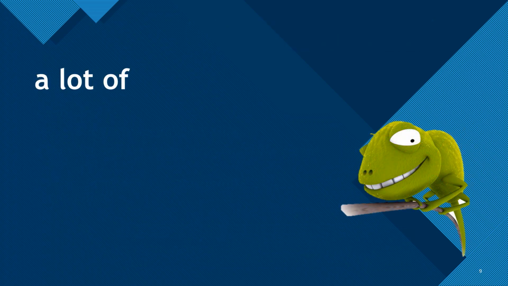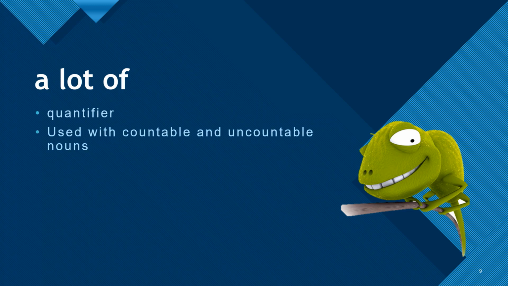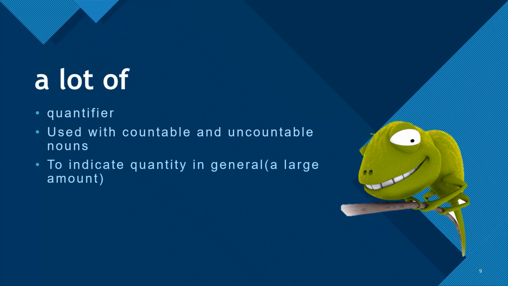The last quantifier for today's lesson is a lot of. A lot of is also a quantifier. It is used with countable nouns and uncountable nouns. It is used to indicate quantity in general and usually a large amount.